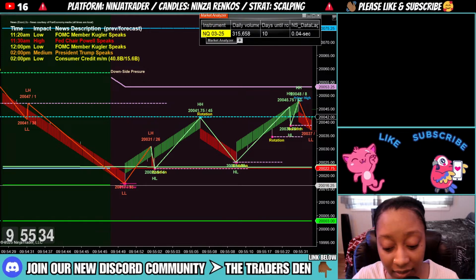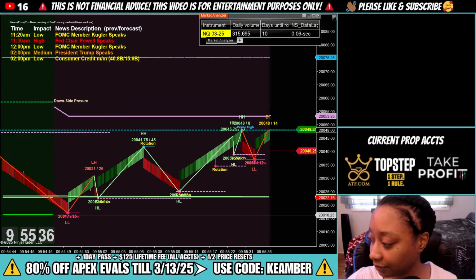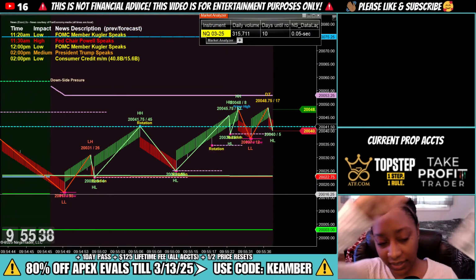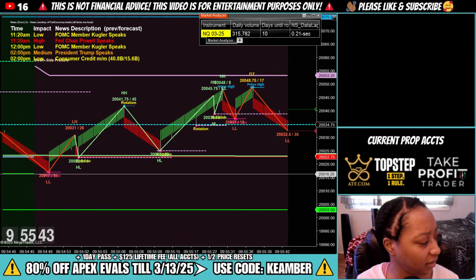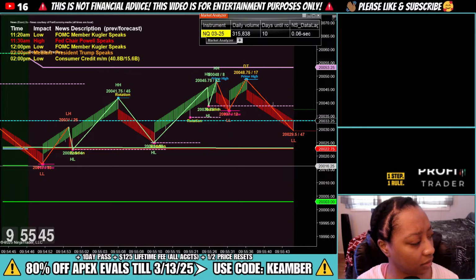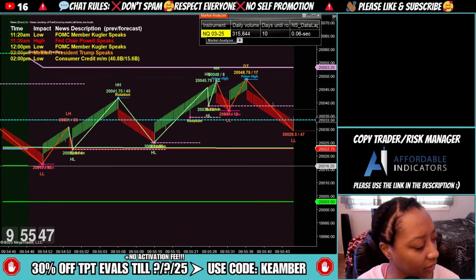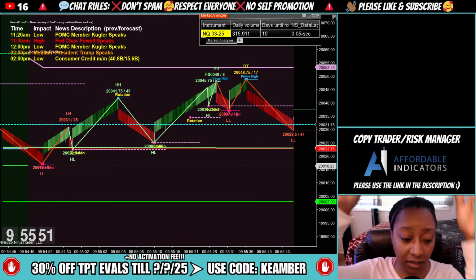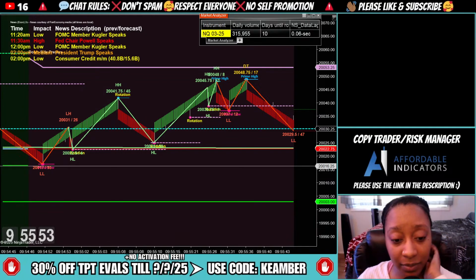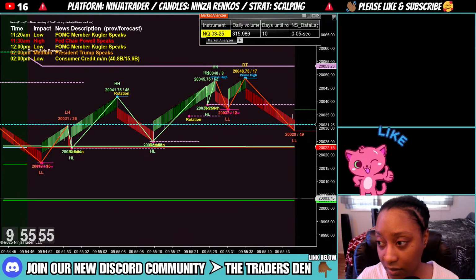So I basically got this TPT account back to green with that crazy trade. I started that account this week, right? I think. All my days are running together. No, I started it last week sometime. But it's back in profit, so that's all I care about. But I am going to end it here because why not?